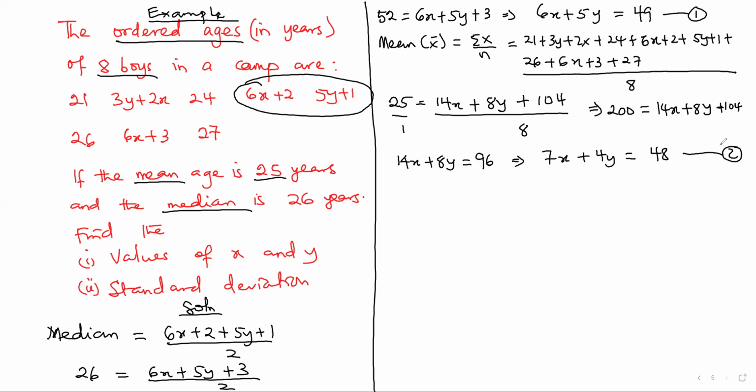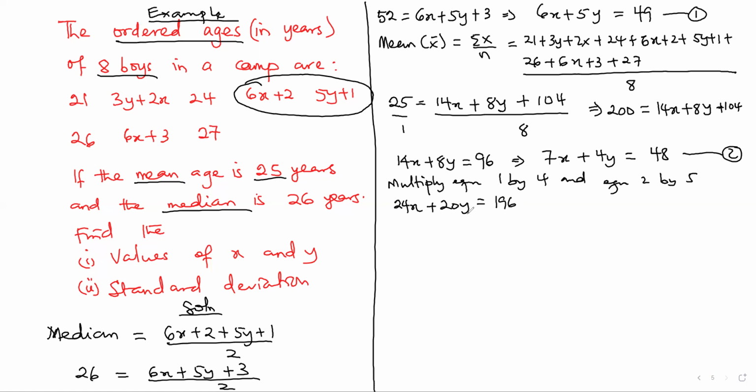So now to solve this simultaneously, we will multiply equation 1 by 4 and equation 2 by 5. Then we'll subtract. Equation 1 by 4, we have 24x plus 20y equal to 196, since 49 times 4 is 196.